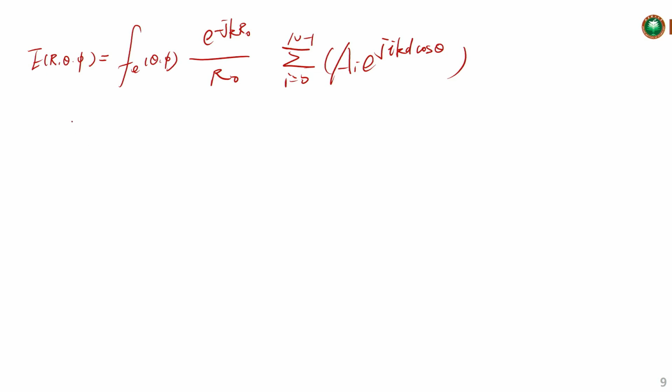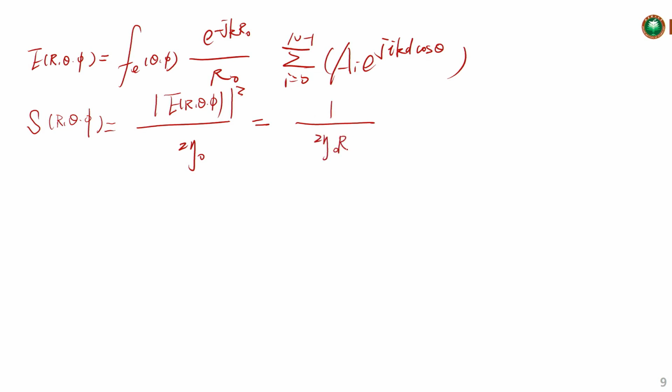And then we get the electric field. We want to get the power density S(r, theta, phi) equals the square of E(r, theta, phi) divided by 2 eta node, which can be expressed as 1/2 eta node r square times E(theta, phi) square times this part: sum from i equals 0 to capital N minus 1 of a_i e^(jikd cosine theta).